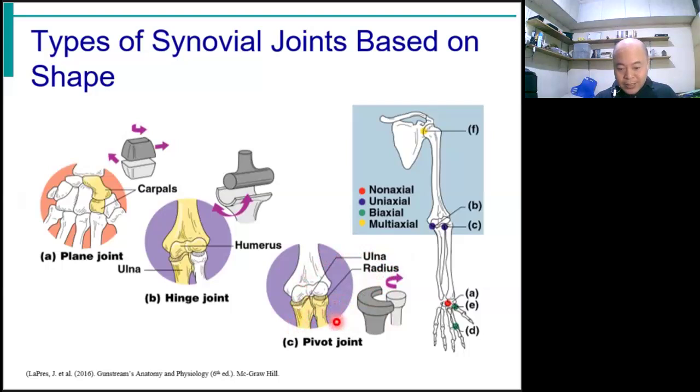It just rotates, and that is the only movement. It's a single axis. So when you turn your forearm, it is because of the radius. And then when you bend your arm, flex and extend, it is because of the ulna. Those two bones allow those two types of movement.